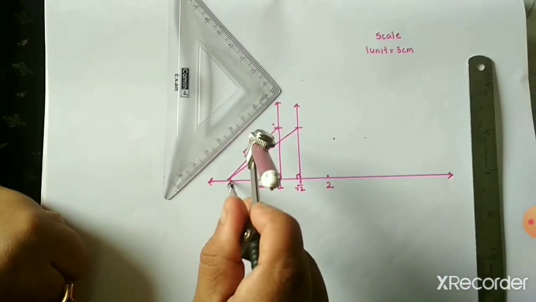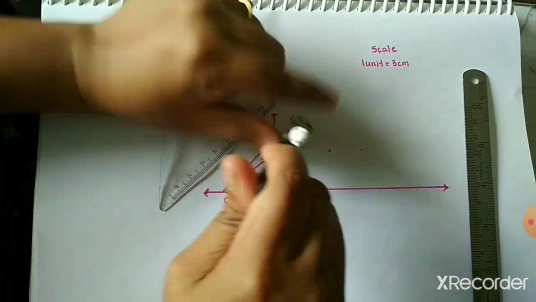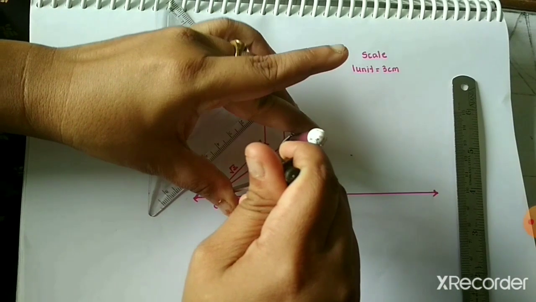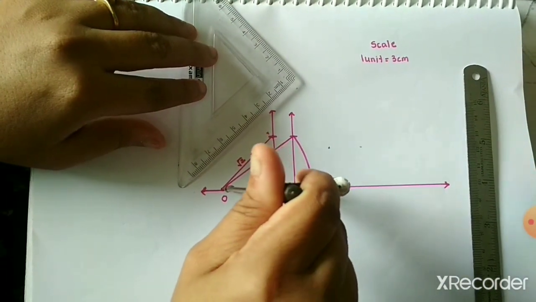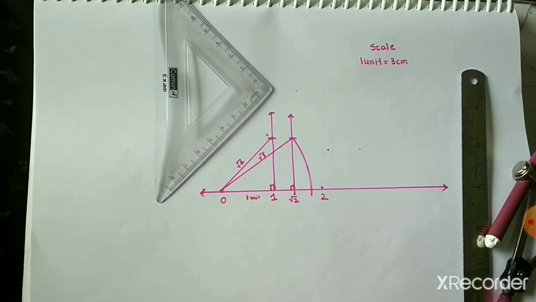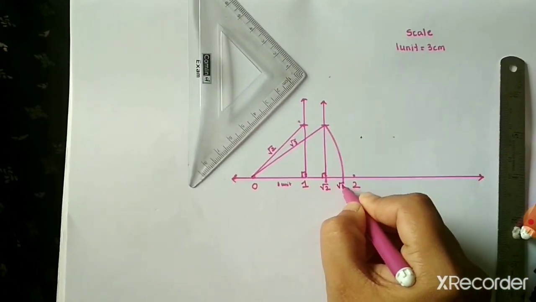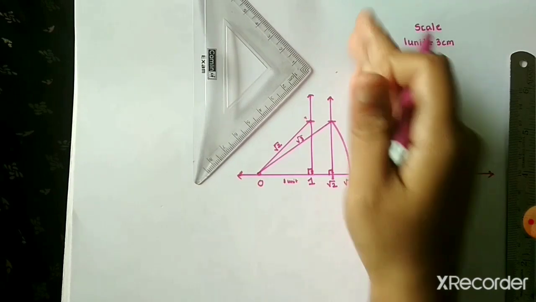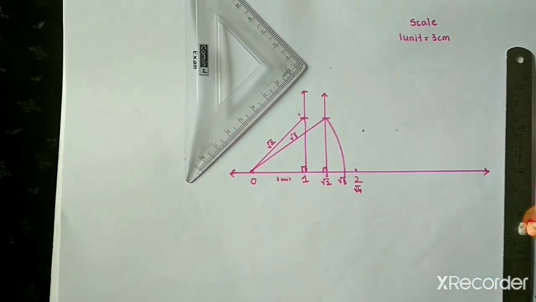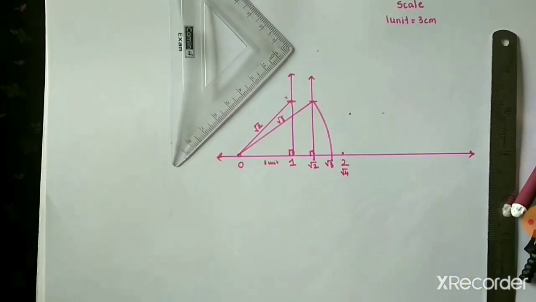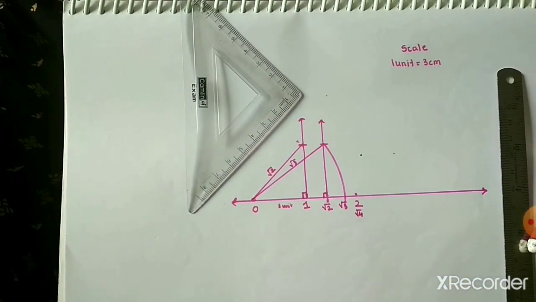this hypotenuse. So again keep your compass at point 0 and take the hypotenuse distance and draw the arc, and that arc intersects the number line at root 3. Similarly, if you draw it on root 3, you will get root 4, which is nothing but 2. So you can go on continuing the same method on a number line.